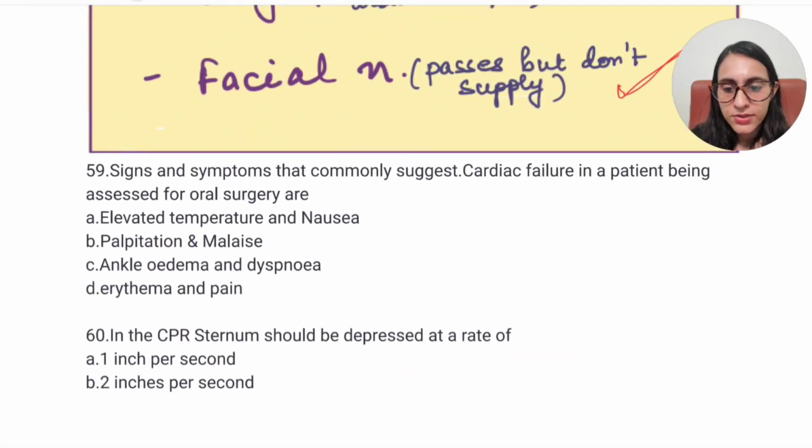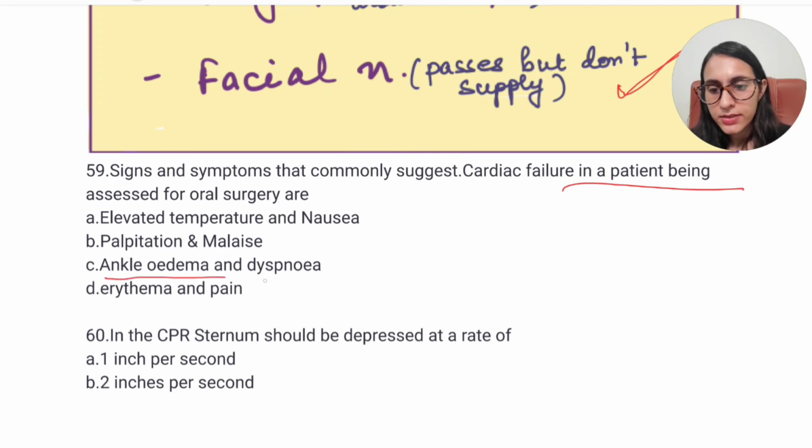Sign and symptom of commonly suggested cardiac failure in a patient being assessed for oral surgery. So ankle edema, that is the swelling of the ankles, and dyspnea, that is shortness of breath. These are the common signs and symptoms that are associated with cardiac failure.